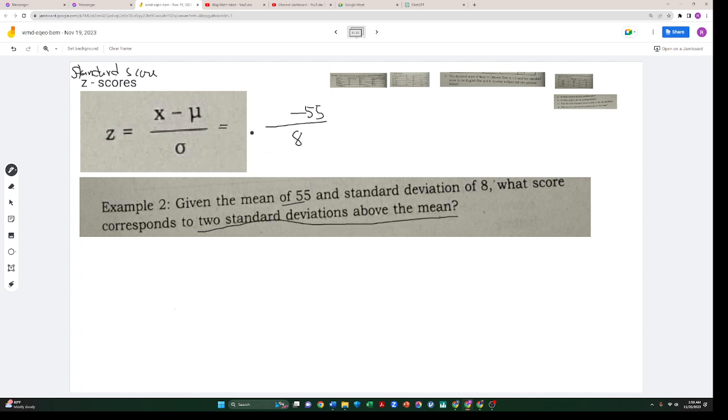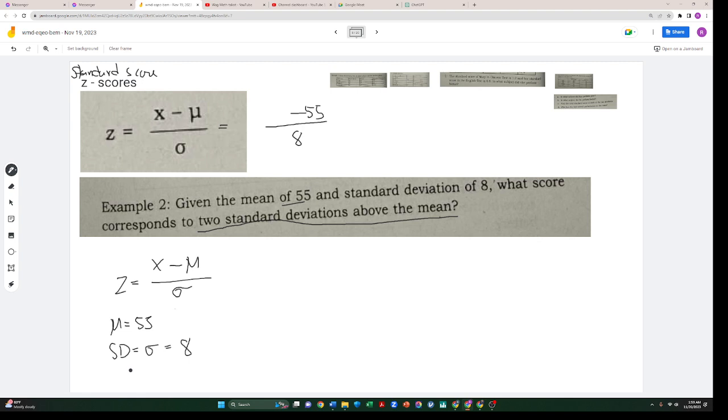So, therefore, we have the formula, right? X minus mean divided by standard deviation. The given are the mean, which is 55, and the standard deviation, which is 8.